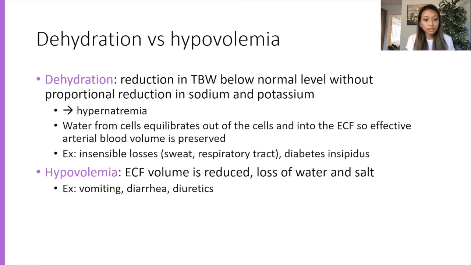Water from the cells equilibrates out of the cells and into the extracellular fluid, so the effective arterial blood volume is preserved. This happens with insensible losses like sweat or in the respiratory tract, and in diabetes insipidus, where the patient is just excreting free water. In hypovolemia, the extracellular volume is reduced. You get a loss of water and salt. So this can happen with vomiting, diarrhea, and diuretics.